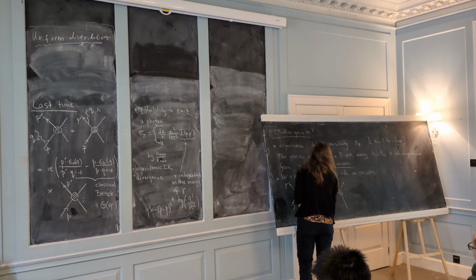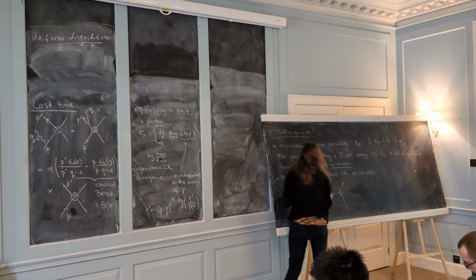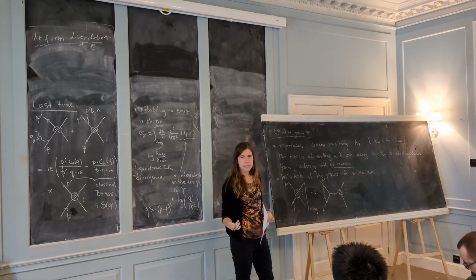And at each vertex, we have a factor of E. So this diagram is suppressed by 2 powers of E, the electric charge, compared with the tree-level diagram.